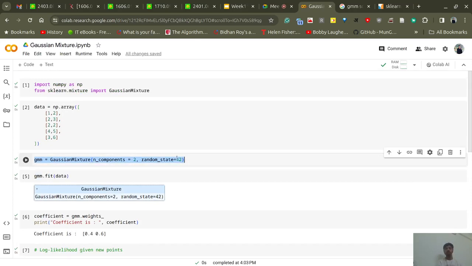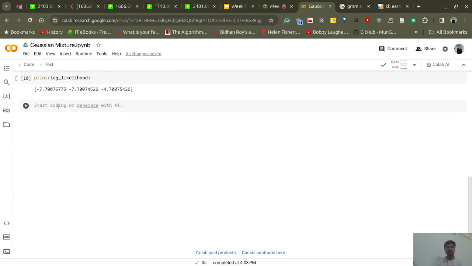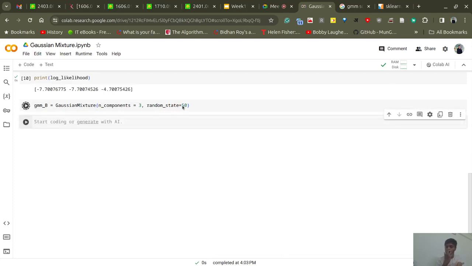Suppose we do it differently, maybe GMMB with n_components 3 and random state maybe 50. So we have model A, GMM, and model B, GMMB, right? It is initialized. We have to fit it again on the data.